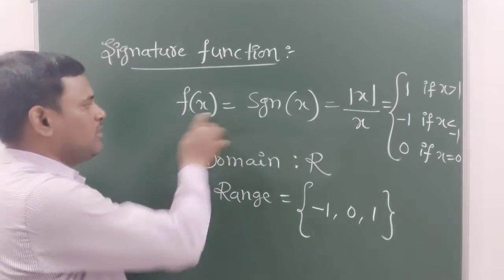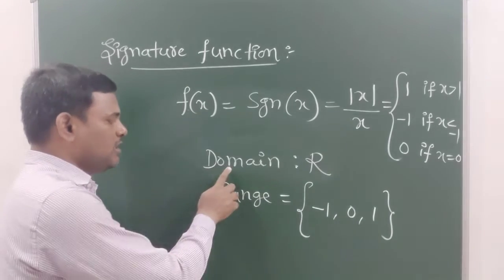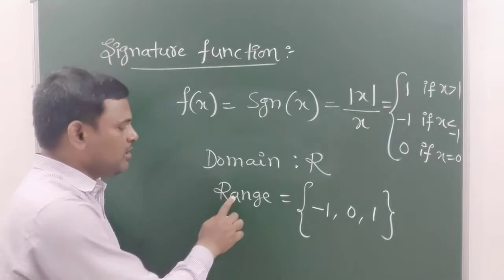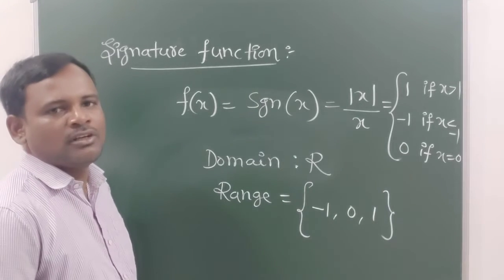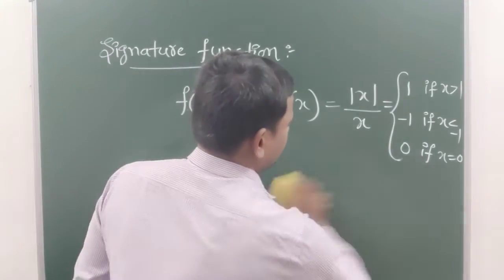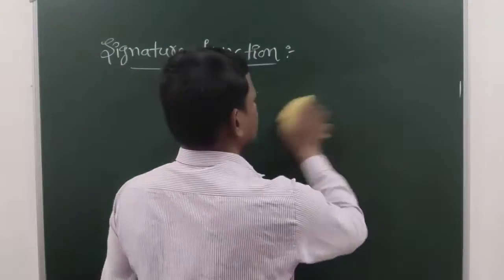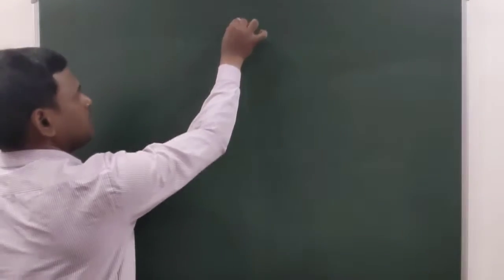So here we have seen the definition of this signum function, and we have written the domain and the range. Now let us go to the graph of this signum function.